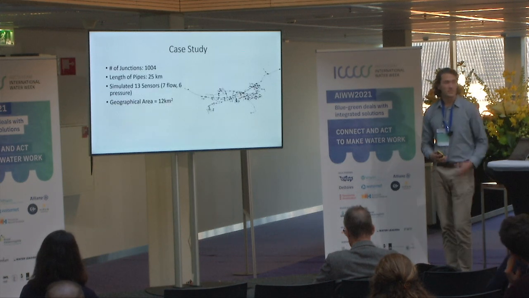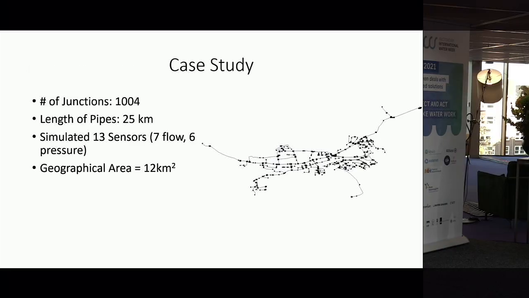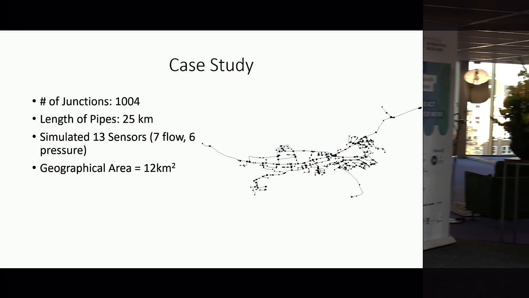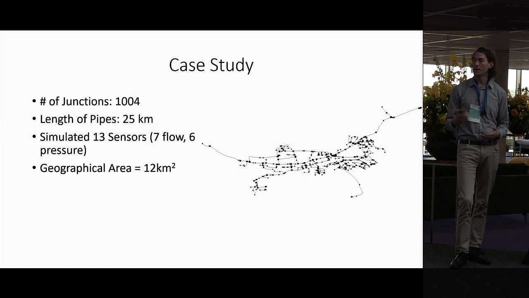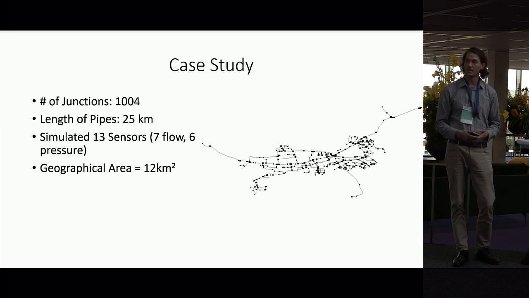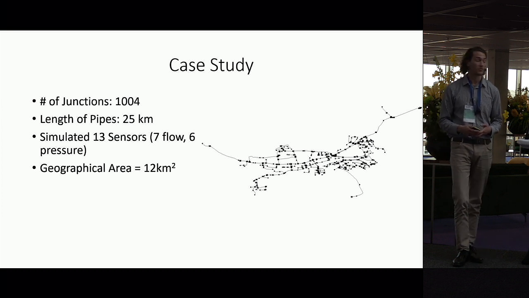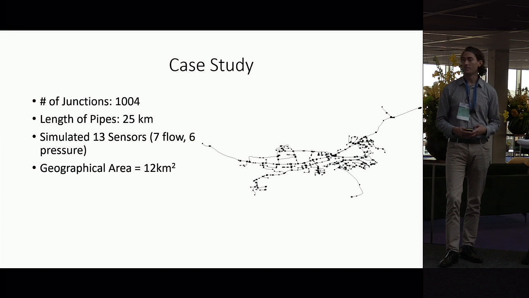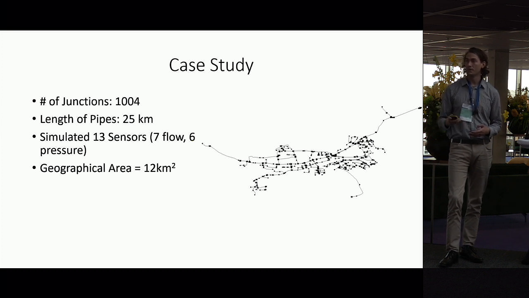So I wanted to see if this maximum coverage location problem would be effective in reducing the search area required. And so I applied this to a case study. This is an EPA network, but using the smart data model to simulate the variety of leaks and to train the data set. And in this case, we had simulated 13 sensors with 15-minute increment readings.